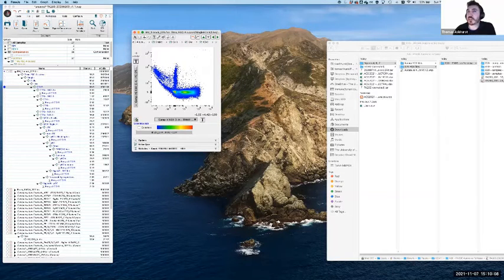One is that this is still here, and the other is that there are two kind of separate spillover issues happening here. This doesn't look like classic overcompensation, and yet it's all happening in events that are positive in this detector. This is where things get a little bit tricky to work out.